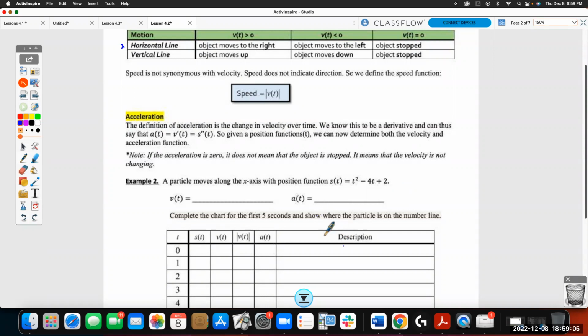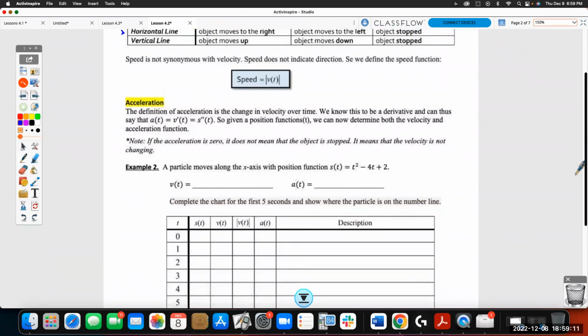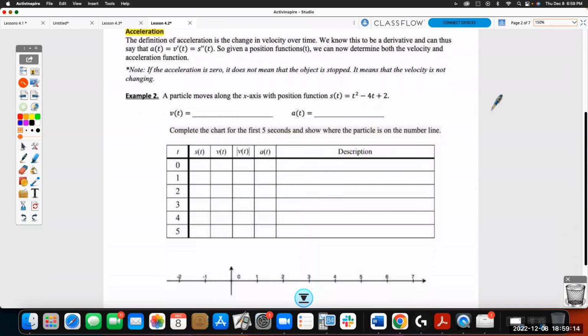Okay, let's look at an example here. A particle moves along the x-axis with the position function given by s of t is equal to t squared minus 4t plus 2. First let's find the velocity function and the acceleration function. So remember that the velocity function is the derivative of the position.